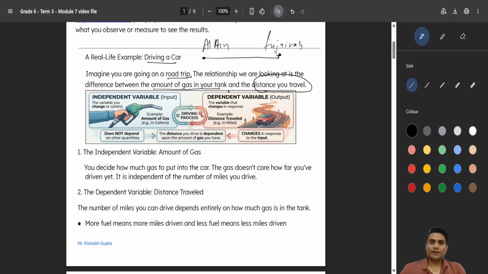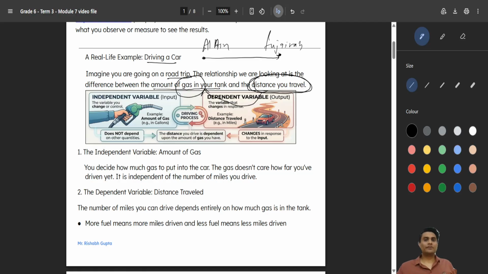Now see, the distance that you will travel is completely dependent on how much gas is there in your tank. Yes or no? If your gas tank is full, it means maybe you can go 300 or 400 or 500 kilometers according to your car.